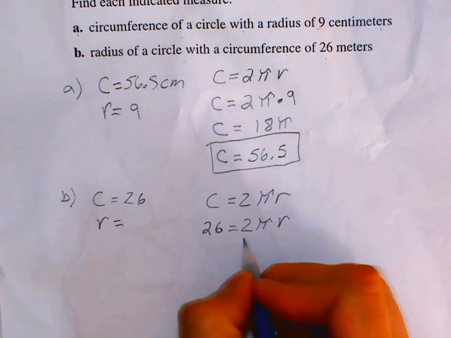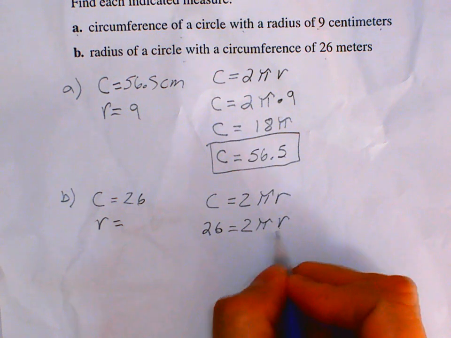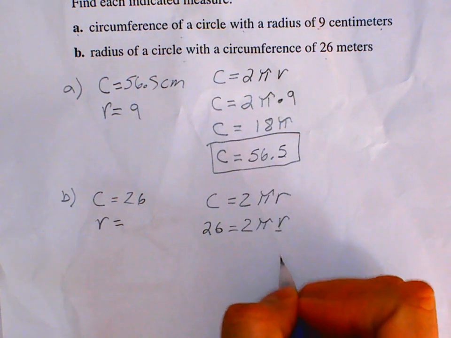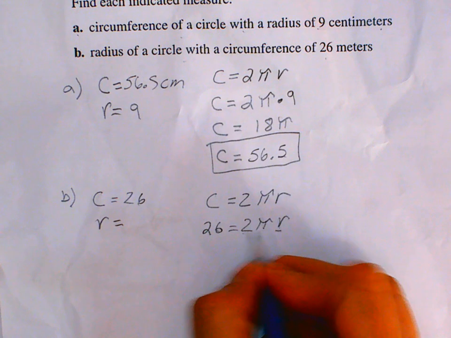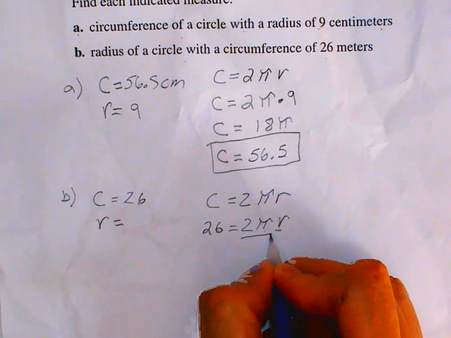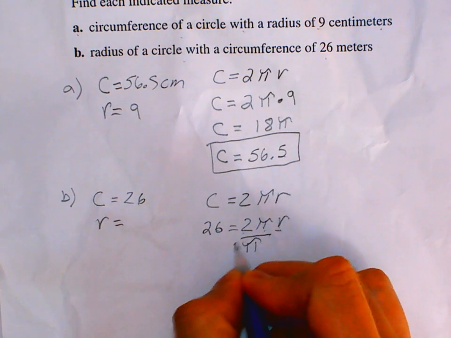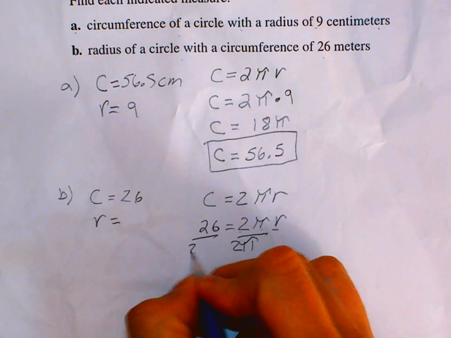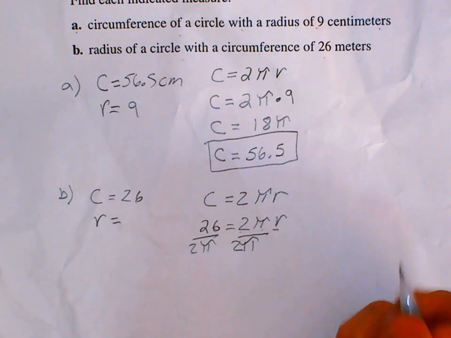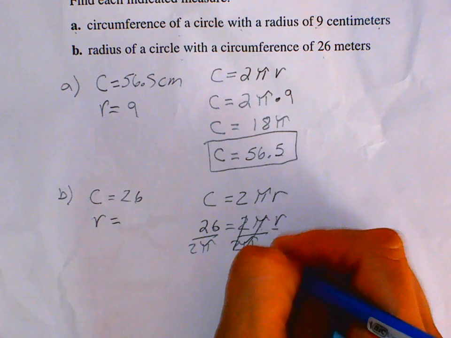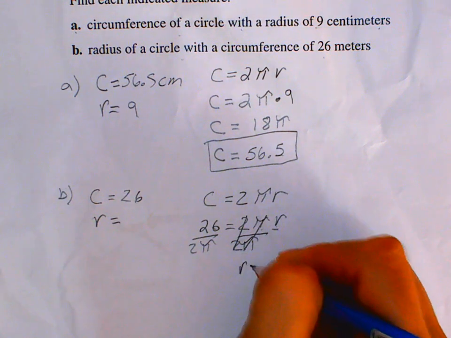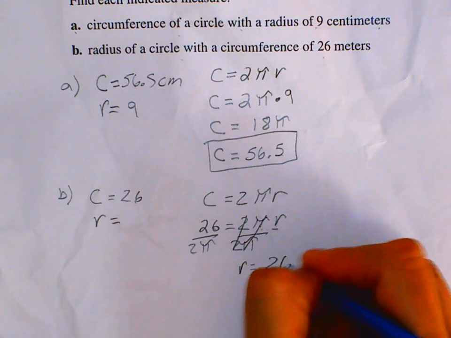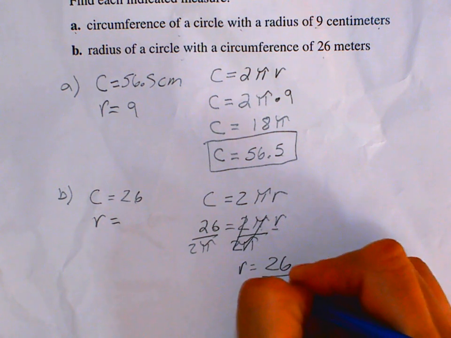Now what I want to do is get r by itself. So I'm going to have to get rid of the 2 and the pi. To do that, I'm going to divide both sides by 2 pi. Those divide out, and now I get my radius to be 26 over 2 pi.